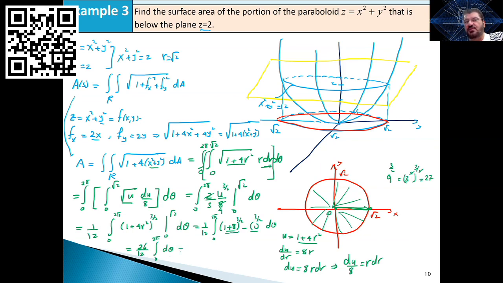This is divisible by 2, you get 6, and 26 divided by 2 gives 13. So you have 13 over 6. The integration of d theta is 2 pi. Now this 2 with the 6 gives a 3. So the answer is 13 pi over 3. And this is actually the surface area of this solid.